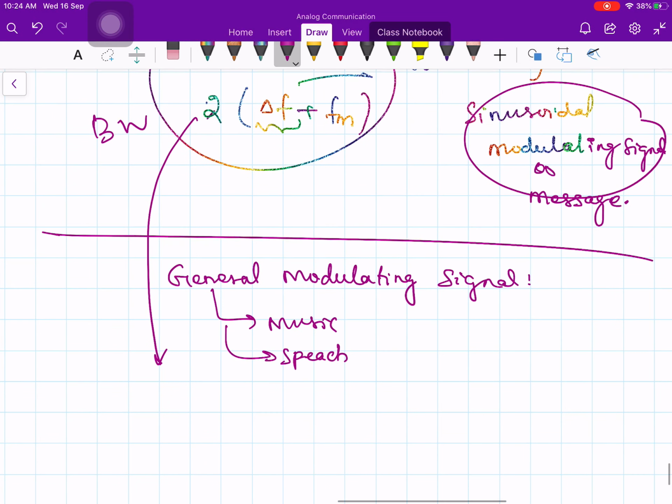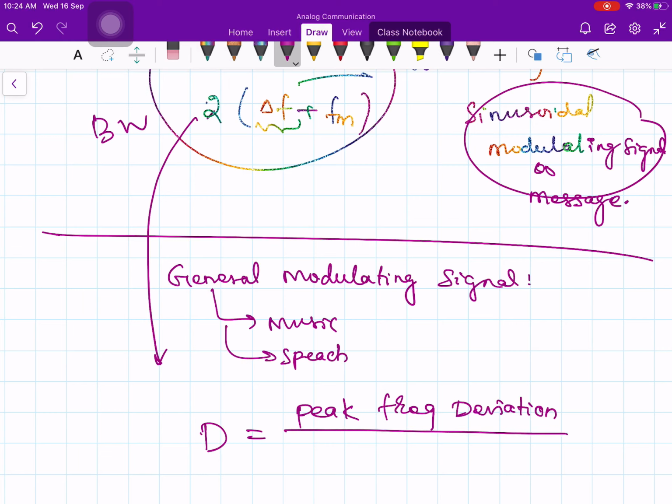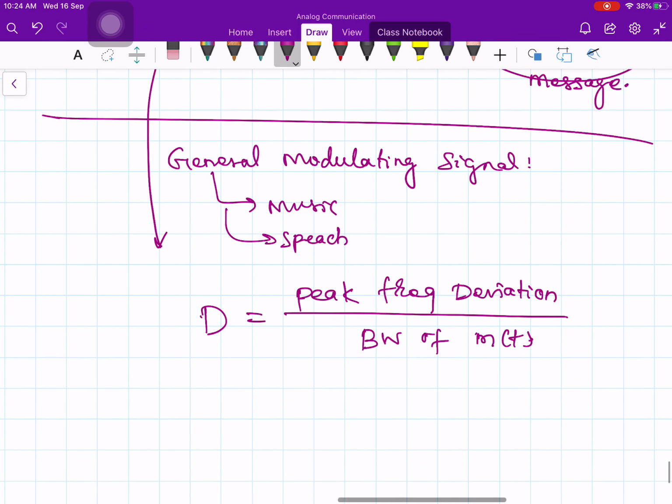To do that, let me define D, capital D, as the following ratio. It is peak frequency deviation divided by bandwidth of m(t), your message signal. Peak frequency deviation we said delta f.